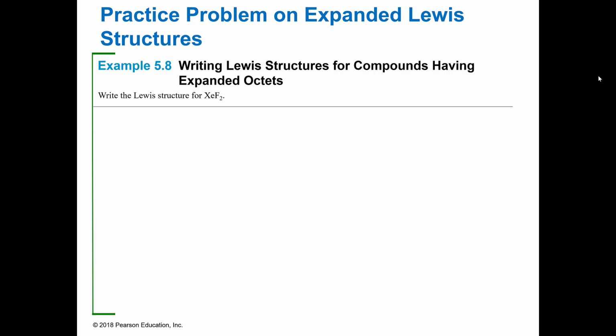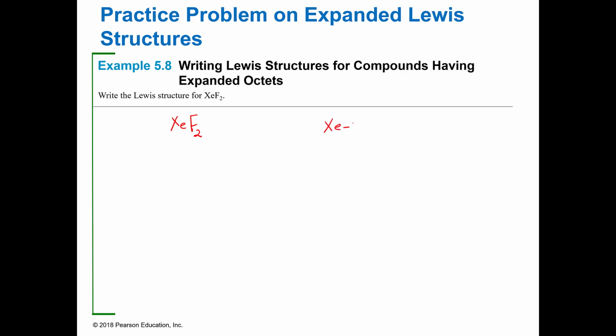So let's look at xenon difluoride. Xenon doesn't normally react with things, so you have to do some special stuff to it. The xenon is obviously going to be less electronegative than the fluorine, so it's going to go in the middle.